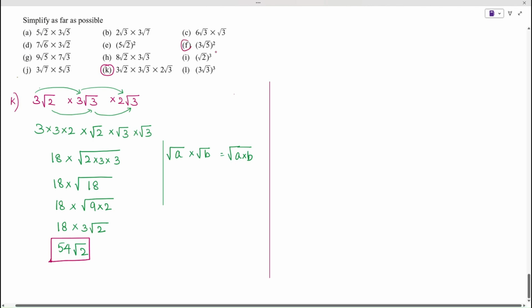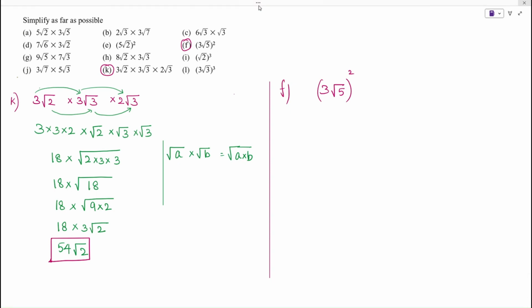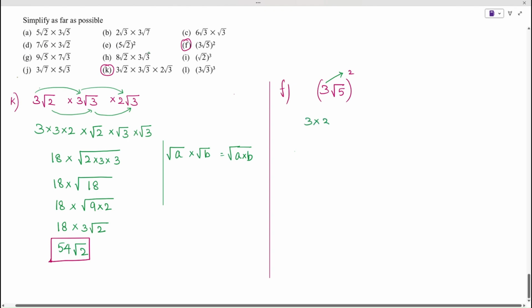Now try question F. So 3 root 5, the whole squared, and so each individual term can be squared by itself. So you get 3 squared times root 5 times root 5.